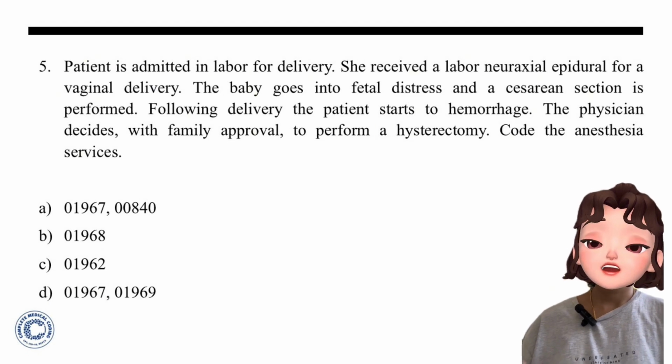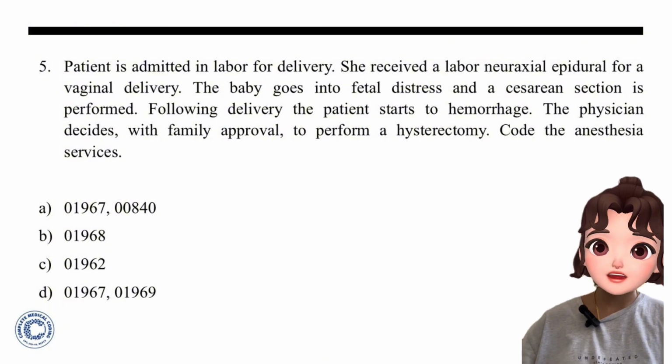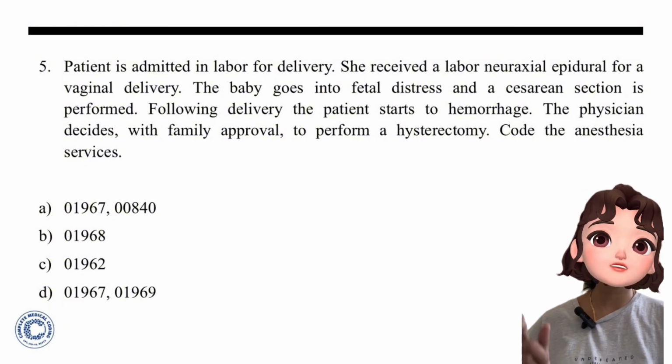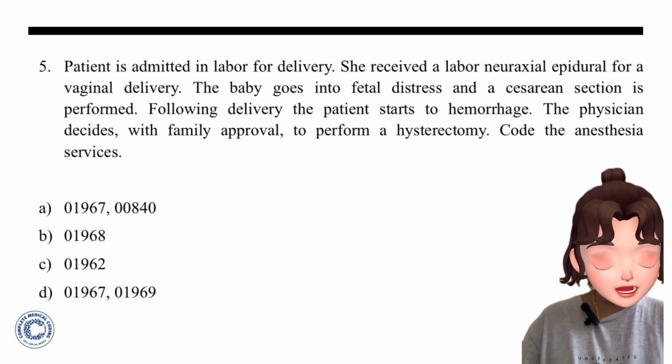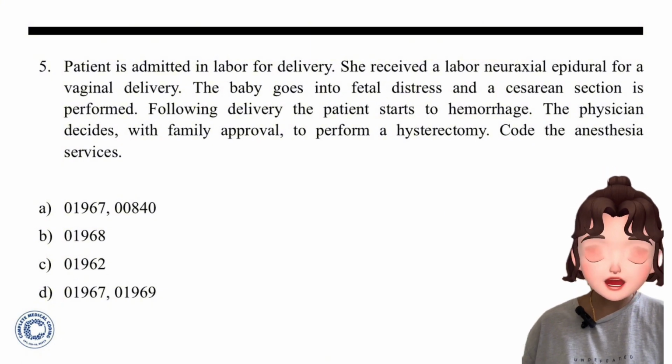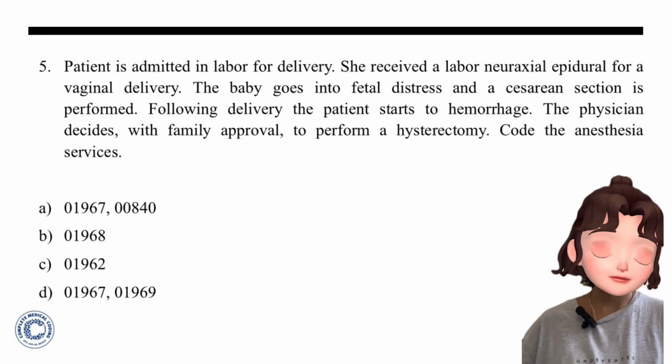She received a labor neuraxial epidural for a vaginal delivery, so it was a planned vaginal delivery. So the 01967 code should be there. This includes any repeat subarachnoid needle placement and drug injection or any necessary replacement of any epidural catheter during labor. Yes, 01967 should be there.